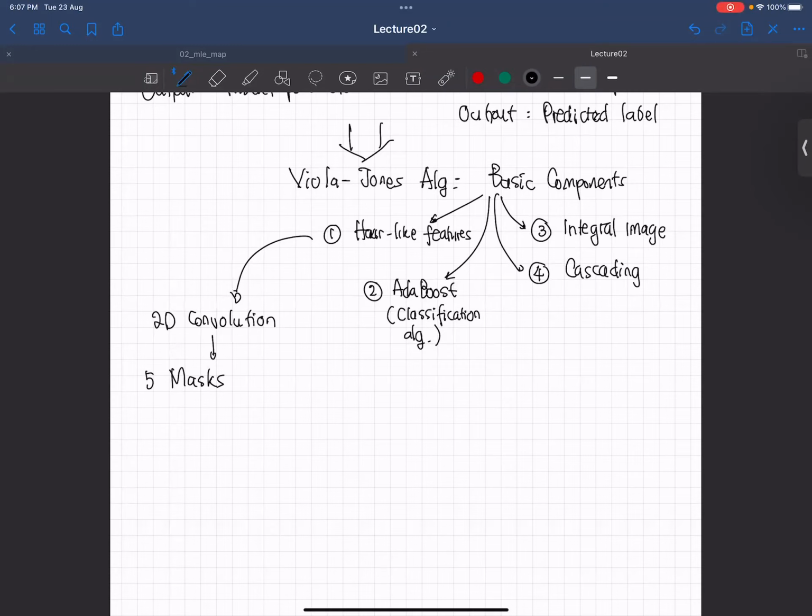When we have these 5 types of masks, we convolve the mask with the input image. If we convolve one mask with the input image, it gives you one feature. If you apply the mask many times, say 10 times, then you have 10 features.